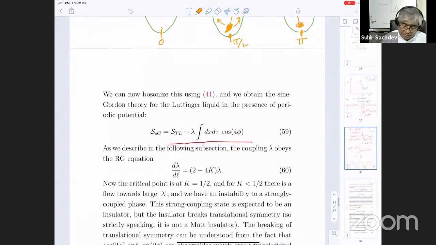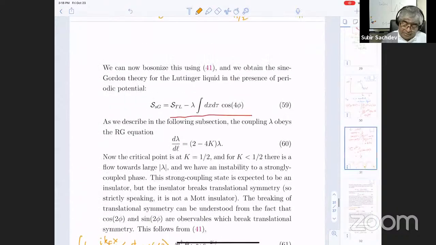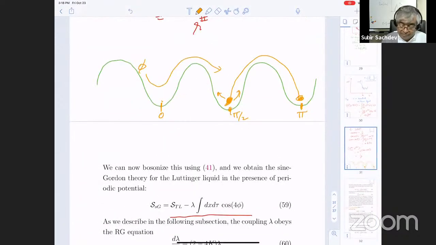So as far as e to the 2i phi is concerned, 0 and pi are the same, but 0 and pi over 2 are not. So this minimum, let me put an x over there, is the same as x, and this is y, and it's a different minimum. So there's only two independent minima, and it's as if you're breaking an Ising symmetry.